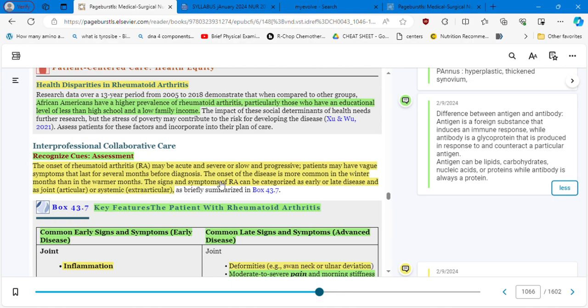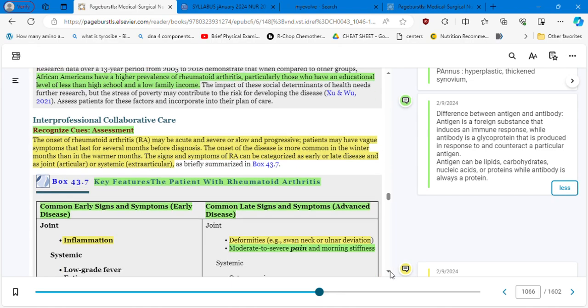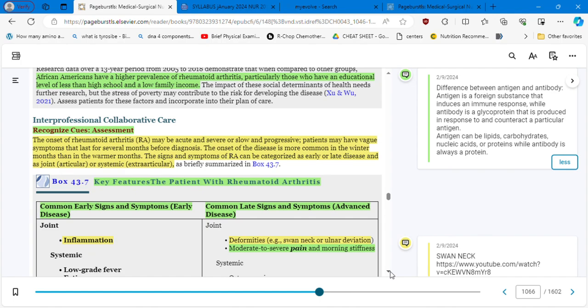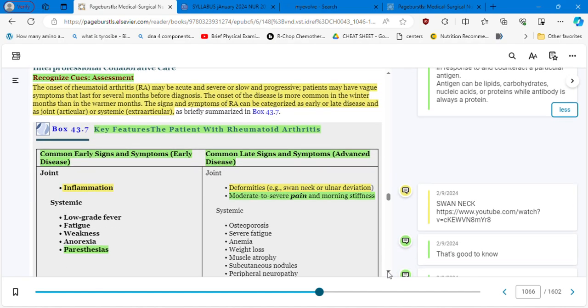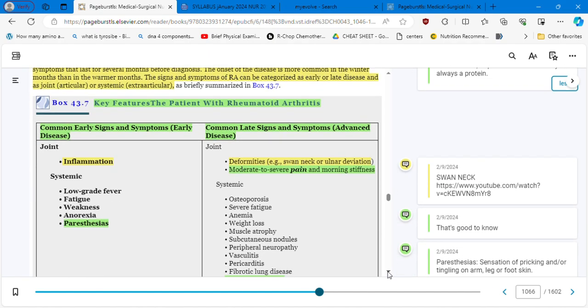The signs and symptoms of RA can be categorized as early or late disease, and as joint articular or systemic extra-articular, meaning not only the joints but also other organs or connective tissue.